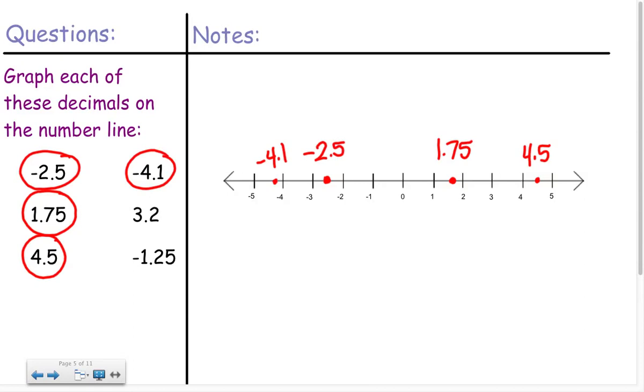If it went in between the negative 3 and the negative 4, it'd have to be negative 3 point something. 3.2 is a little bit bigger than 3. Negative 1.25 is a little bit smaller than negative 1, so it goes right here. The positives aren't too bad, it's the negatives that are tricky on these examples.